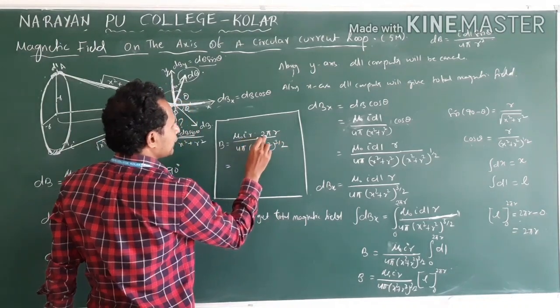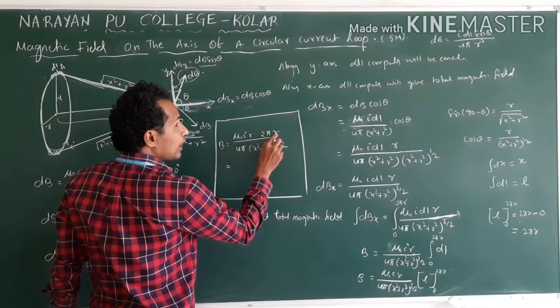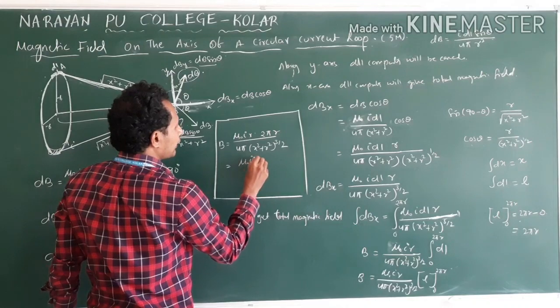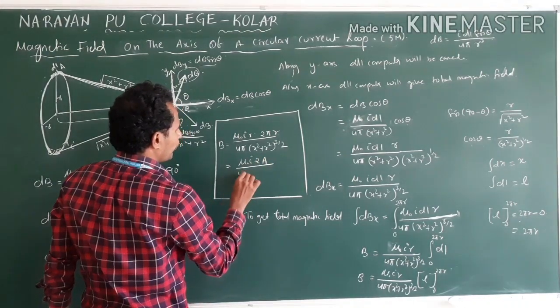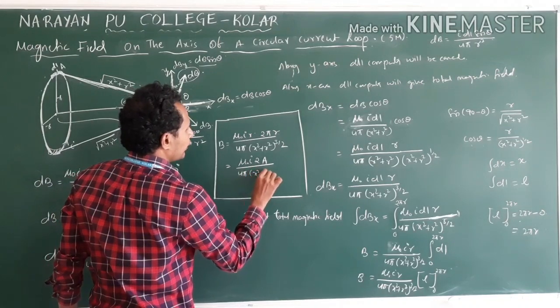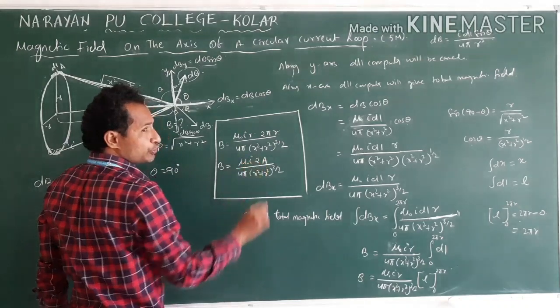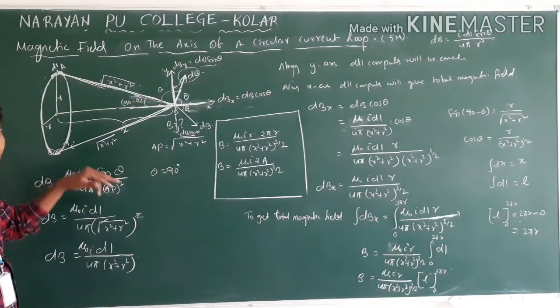This we can write as r square, r into r. Pi r square is nothing but the area. So B is mu naught I 2A by 4 pi x square plus r square whole power 3 by 2. This is the magnetic field due to a current loop or circular coil.